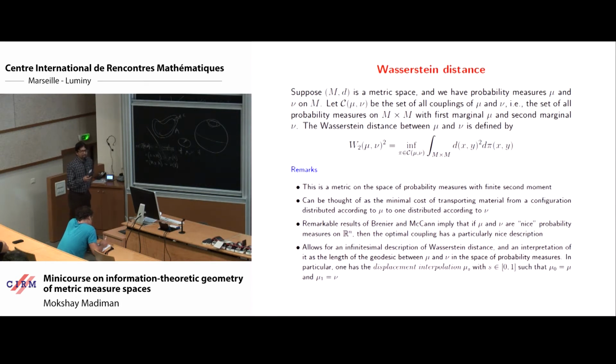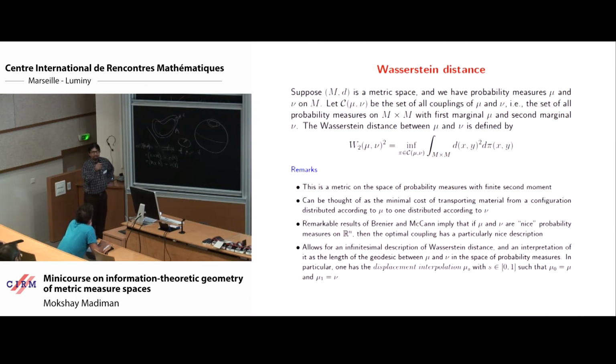This has nice interpretations in economics, for instance, which is where these kinds of distances first came up, because it can be thought of as the minimal cost of transporting material from one configuration to another. Let's say you have some sand dunes on the beach, which are distributed according to distribution mu, and you want to change the configuration to distribution nu.